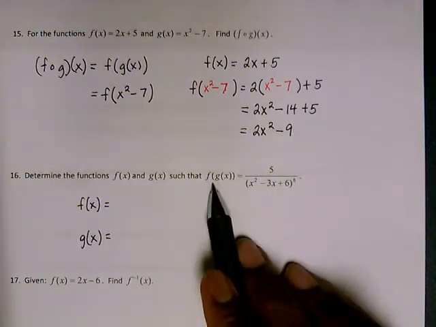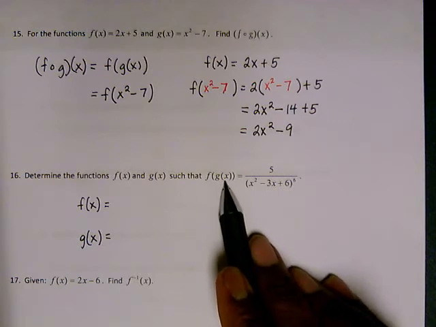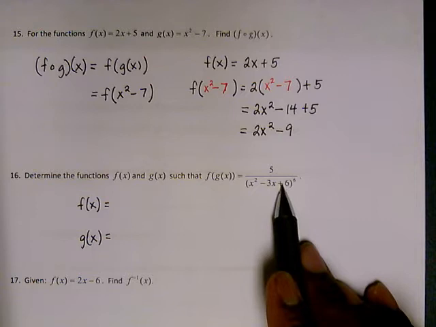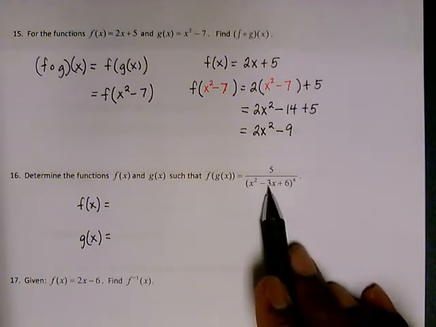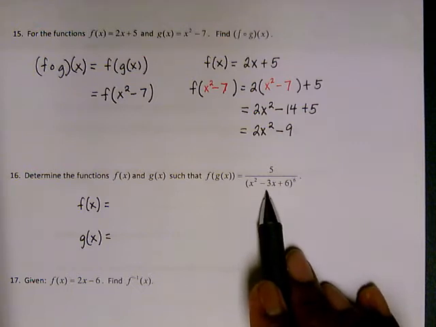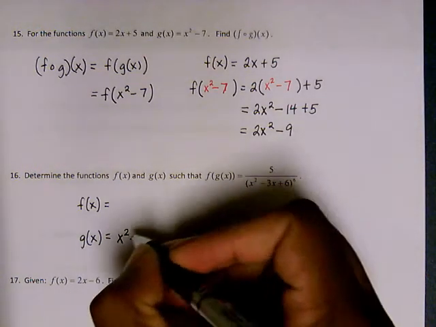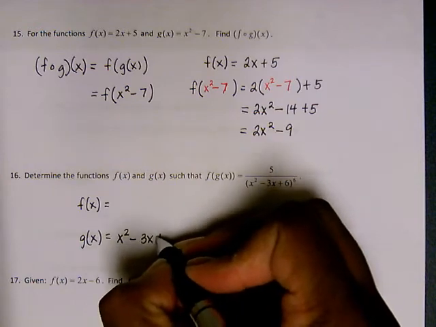Now notice g of x is on the inside. That has to be the inside function. So we need an inside function that was put in place of x with the g of x. So here we'll use the x squared minus 3x plus 6 as our g of x. That represents the inside function.